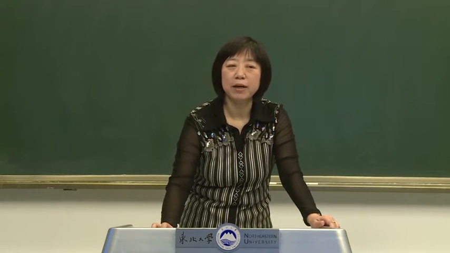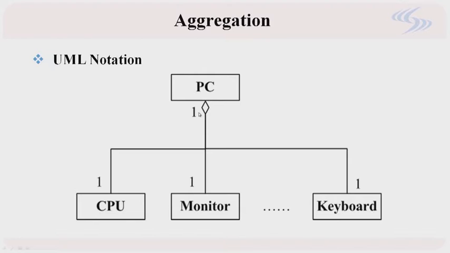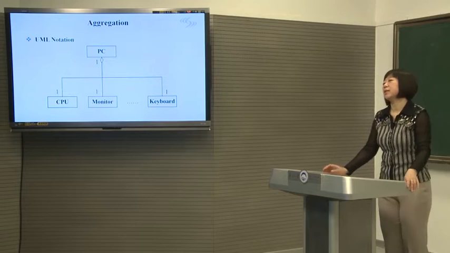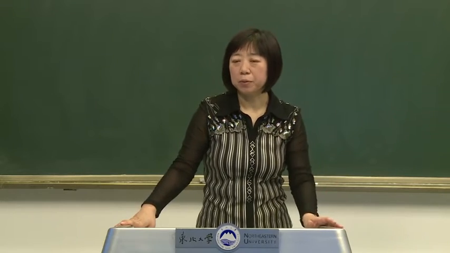Next, let's pay attention to the multiplicity. That means numerical relationship between the whole class and the part classes. Let's say one personal computer is composed of one CPU and one monitor, one keyboard, one mouse, and so on. Okay, actually this is a quite simple example. And actually aggregation is widely applicable.